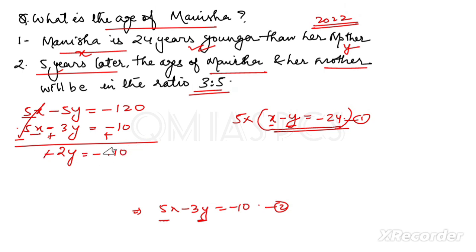The minus signs cancel out, and y is equal to 110 by 2, that is 55. You got the value of y. Y means the mother's age. Now what is the value of x? Based on either equation, you can solve for x. That will be x is equal to y minus 24, that means 55 minus 24, which is 31.